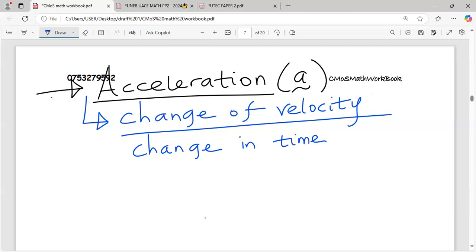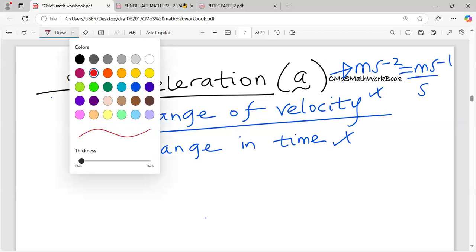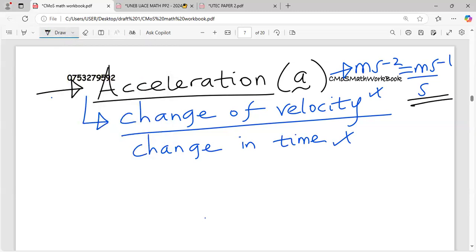This one can actually tell it because acceleration has this unit, meters per square second. That one is easy. That is the unit of velocity over the unit of time. So you have change in velocity over a change of time. Using indices, you can easily recognize that this is this.